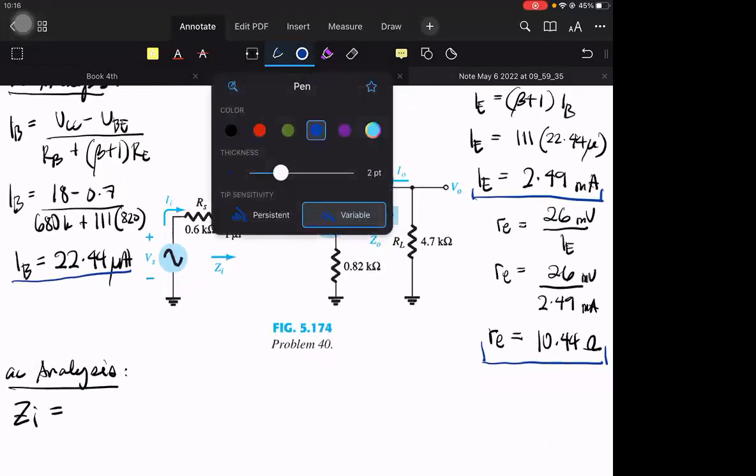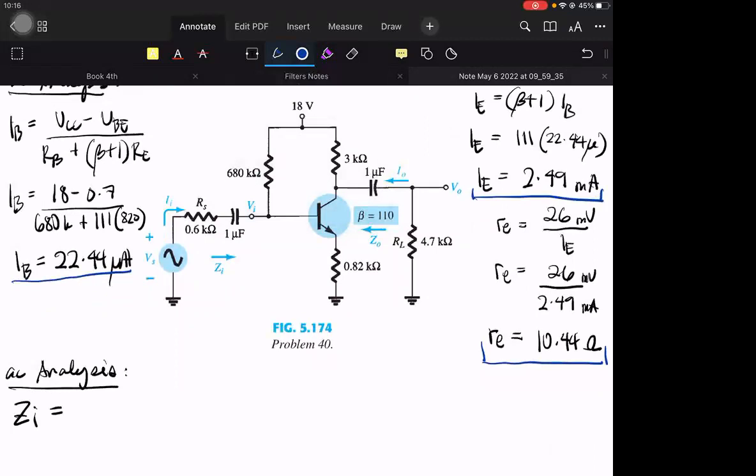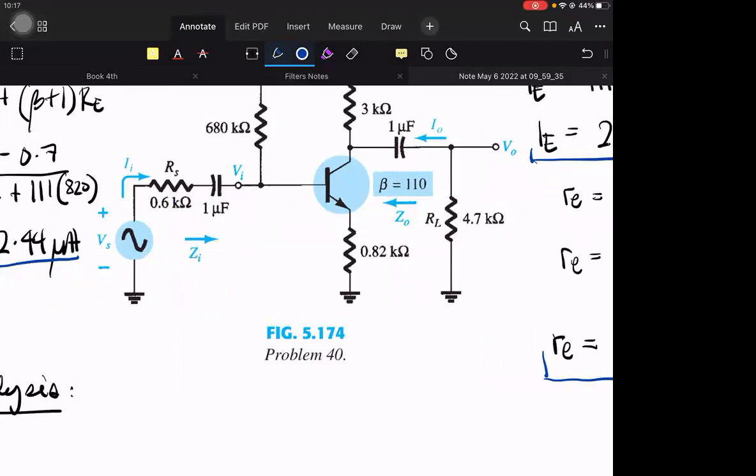So notice this configuration has no capacitor here. Although there's no relative difficulty involved, we'll just take note that this is an unbypassed emitter bias.